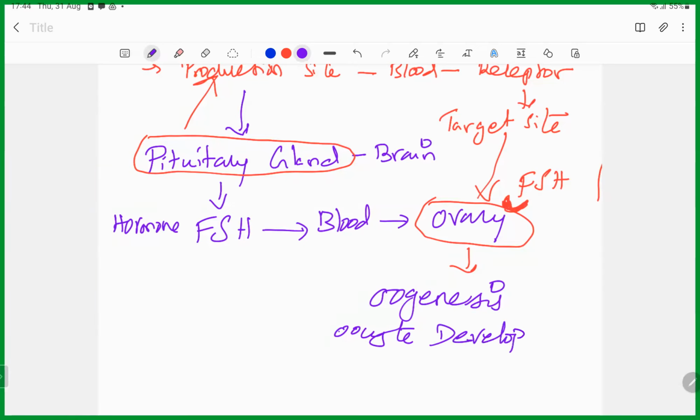Ovum development. Sometimes if they ask, this is the way you have to answer. Hormone works: produced at the production site, transported through blood, received by the target site, and then the response is initiated. So that flow you should know.